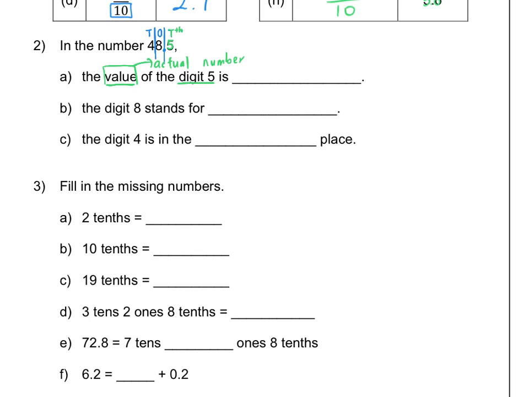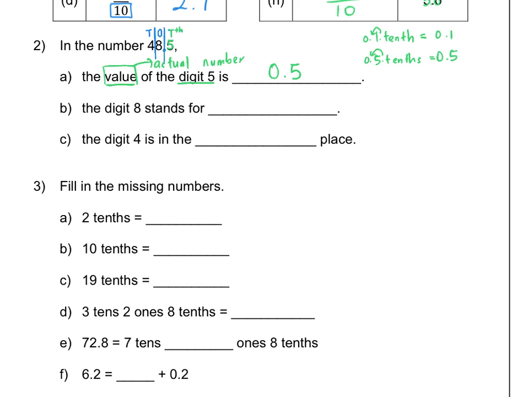We know that 1/10, when we move the decimal point one decimal place forward, we get 0.1. So 5/10, same thing, we move one decimal place forward, we get 0.5. Therefore, the value of the digit 5 is 0.5.